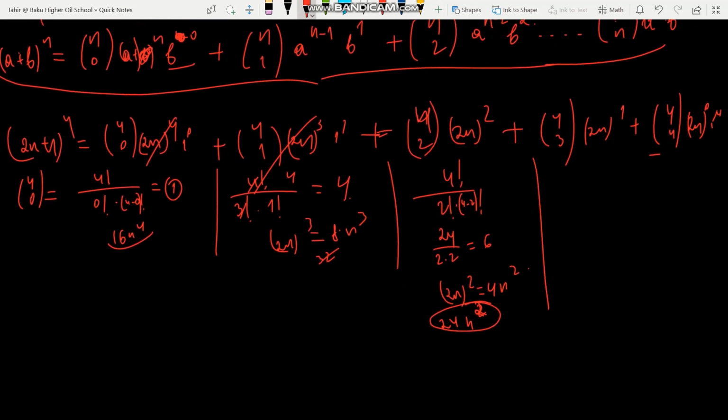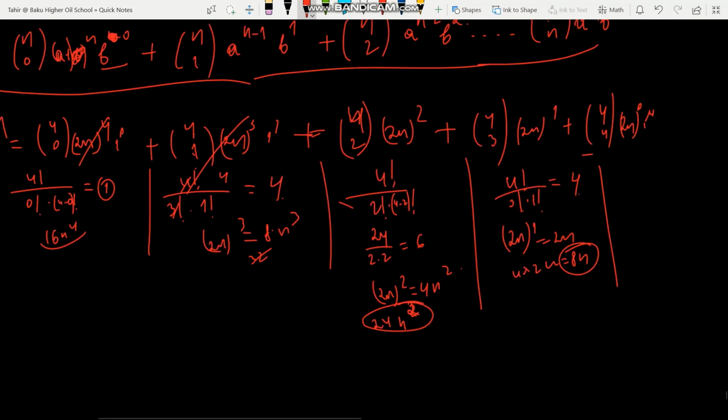And for the fourth one, 4 factorial divided by 3 factorial multiplied by 1 factorial, actually this is the same as combinations from 4 to 1, and it's just equal to 4, and 2n to the power 1 is equal to 2n. 4 multiplied by 2n is equal to 8n. Right now we also don't know whether this is divisible by 16 or not.